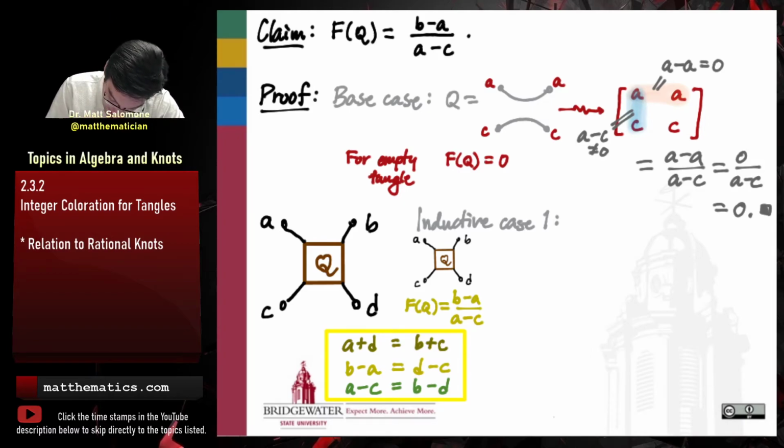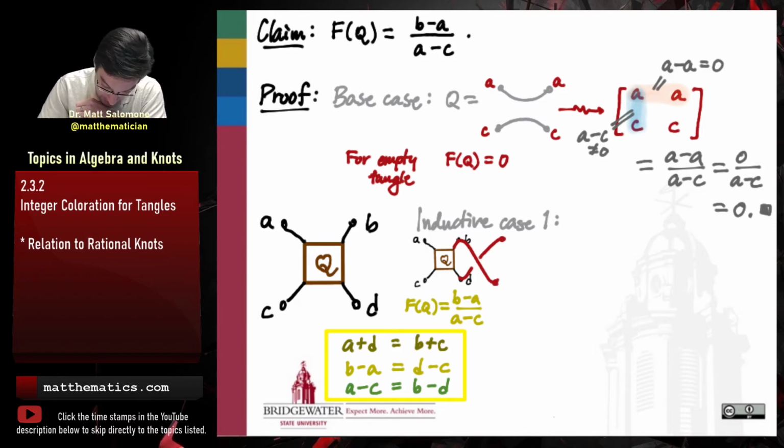And if I just add a twist to it, northeast over southeast, then the question is, what are the new labels at the northeast and the southeast corners? Let's start with the one that's simpler. What's this southeast label going to be? What's the color of this arc?